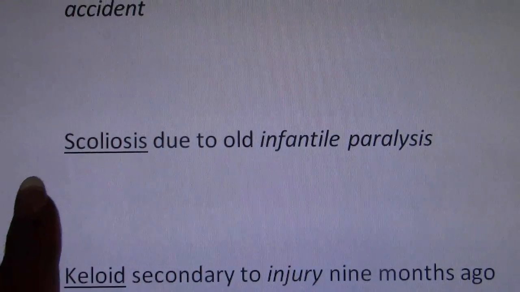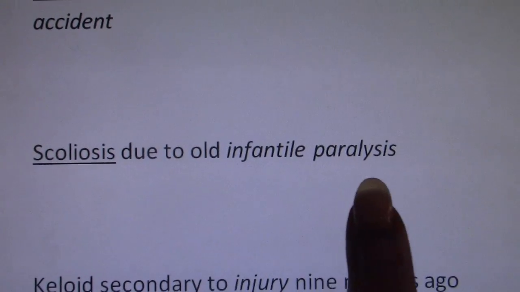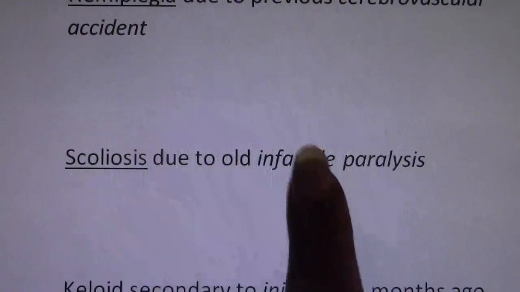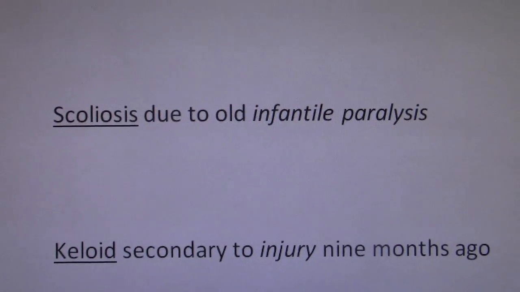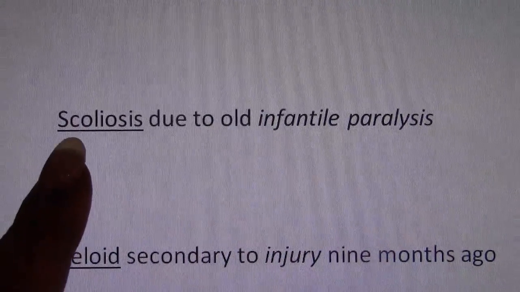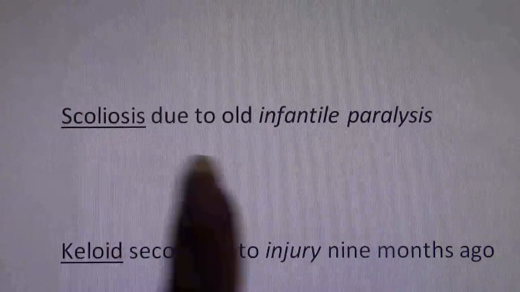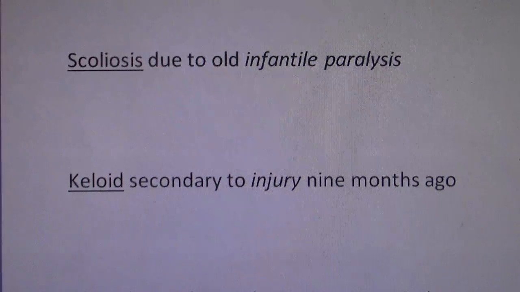Two, scoliosis due to old infantile paralysis. Had they not had that infantile paralysis, then today they wouldn't have scoliosis. Okay? And you code that condition today as an acute condition and late effect of the old.